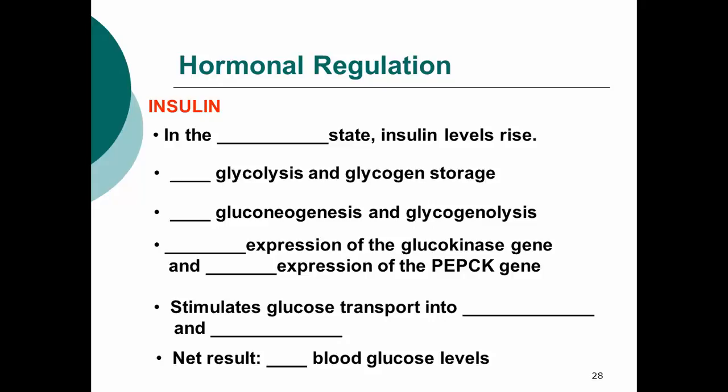In the meantime, insulin should suppress the glycogen breakdown pathway and the gluconeogenesis. So it should inhibit the gluconeogenic enzyme activities and the glycogen breakdown enzymes, right? And so the main function of insulin is to reduce blood glucose level.